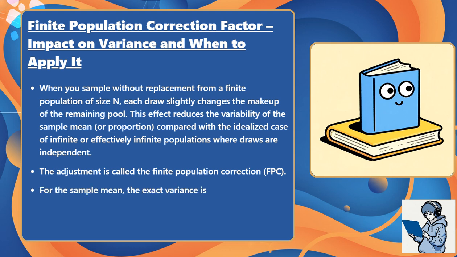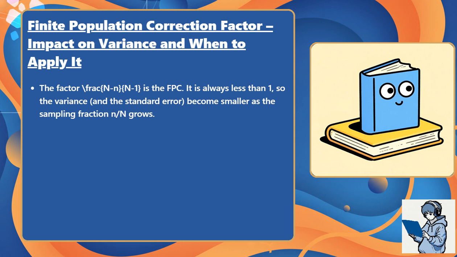For the sample mean, the exact variance is Var of x bar equals sigma squared over n times N minus n divided by N minus 1. The factor N minus n divided by N minus 1 is the FPC. It is always less than 1. So the variance and the standard error become smaller as the sampling fraction n over N grows.